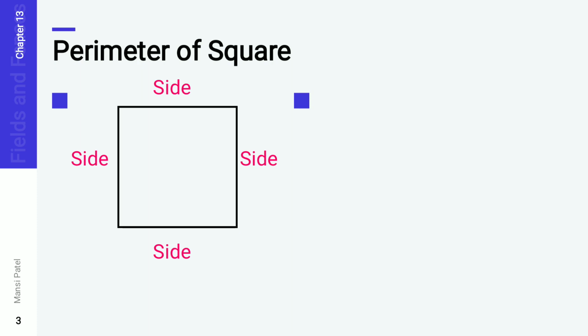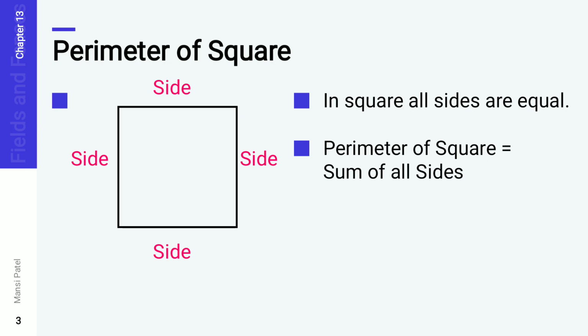So if we want to find the perimeter of a square, the perimeter of a square is equal to the sum of all sides. And as we know already, in a square all sides are equal. See here, how many sides are in a square? Let us count: 1, 2, 3 and 4.